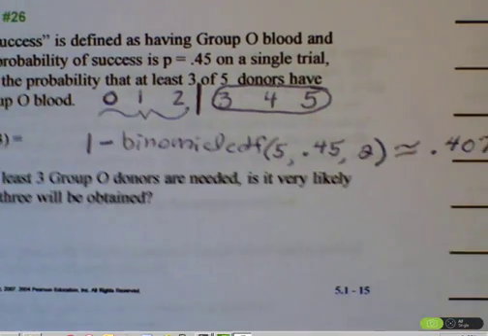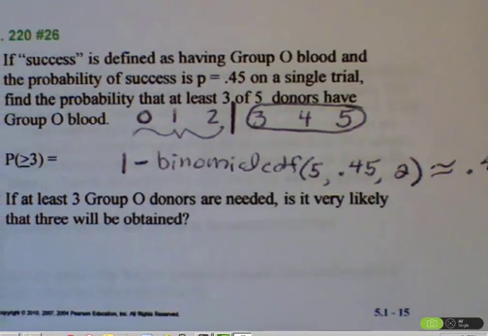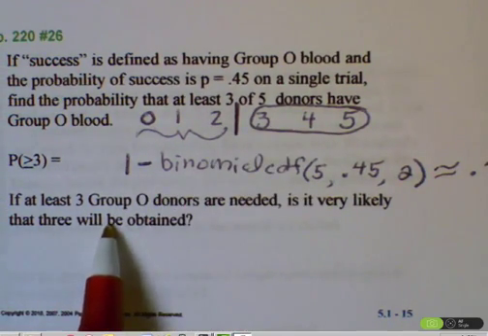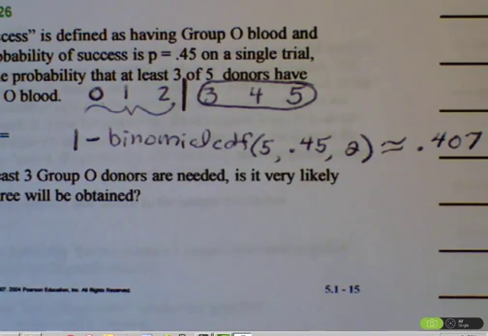If I have to have 3 pints of group O blood, is it very likely that I'm going to get all 3 pints from just choosing 5 donors? Well, there's about a 40% chance that I will, but there's about a 60% chance that I won't.